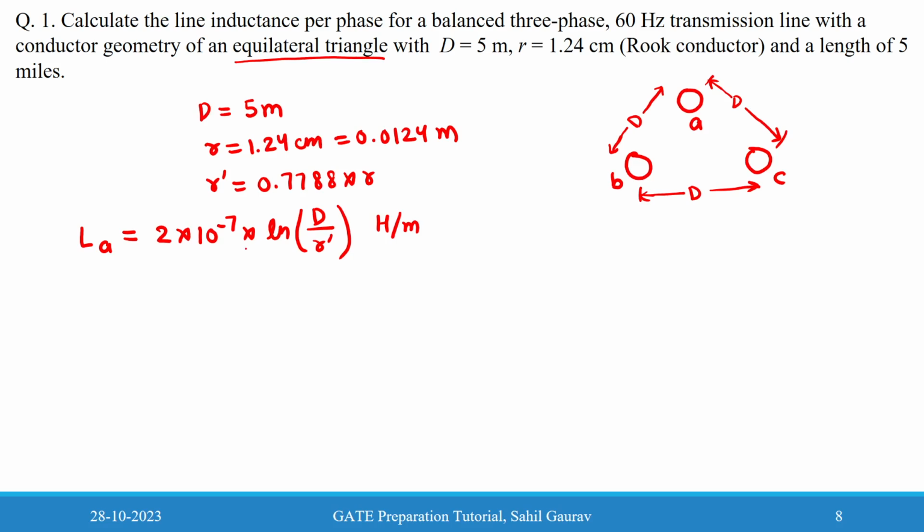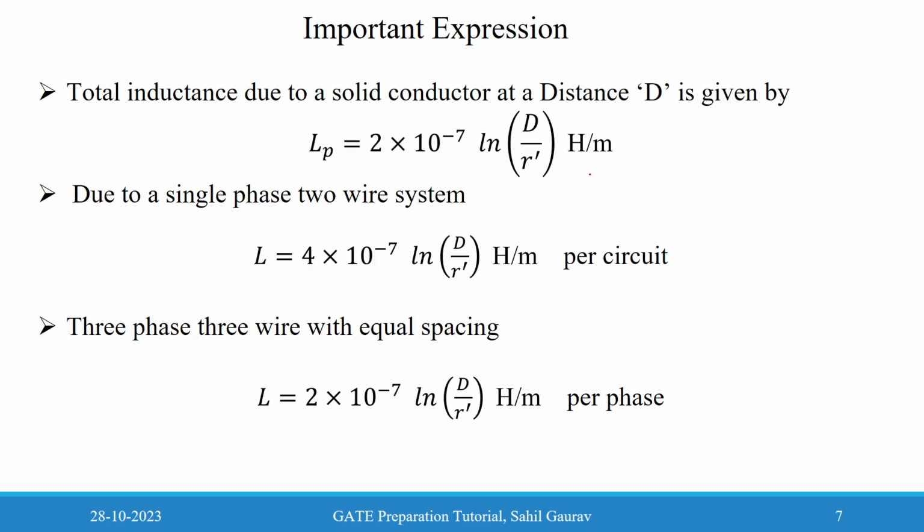And I also want to mention here that many of you use this one also: 0.2 into ln d divided by r dash milli Henry per kilometer.